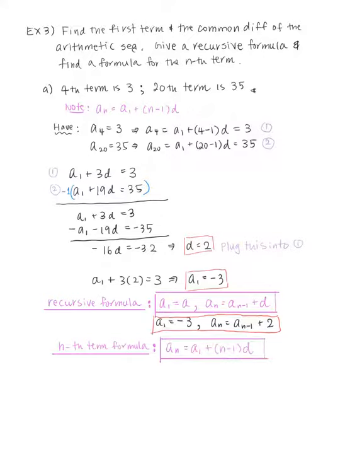Now let's follow that formula, and we're gonna have a sub n is negative 3 plus n minus 1 times 2. Let's simplify. So a sub n is negative 3 plus 2n minus 2. So our nth term formula is going to be a sub n equals 2n minus 5. And so this is all what the question's asking you to find.